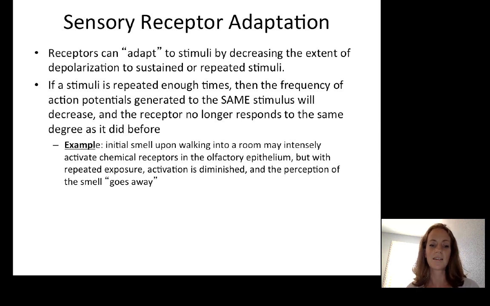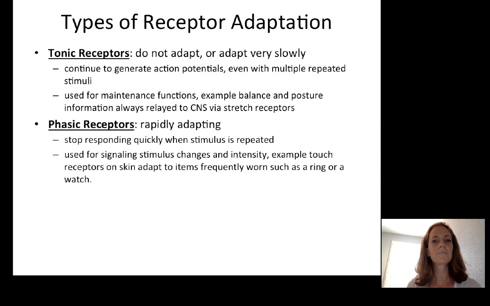This particular phenomenon happens at the level of the receptor. The receptors themselves no longer respond to the same degree as they did before. They just stop responding. There are two ways to do this. There are tonic receptors that adapt very slowly over time, so they tend to be used for more maintenance functions.